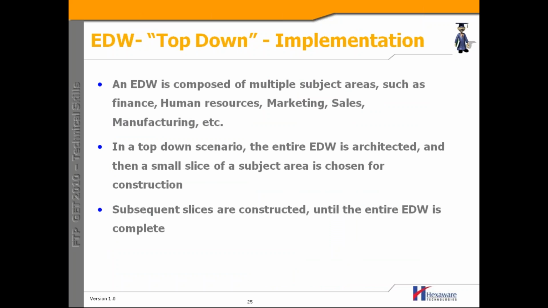Again, the implementation is composed of multiple subject areas. When you create an EDW, it is a combination of multiple subject areas, and once you create this enterprise data warehouse, then you start constructing multiple data marts, right? So this is how you do this.